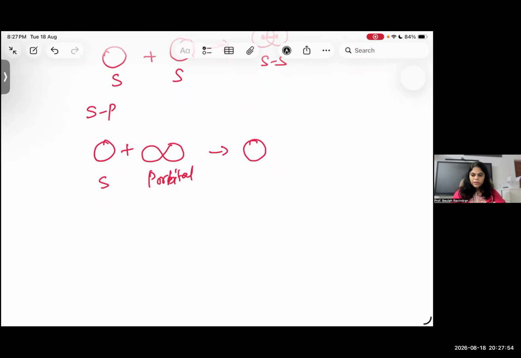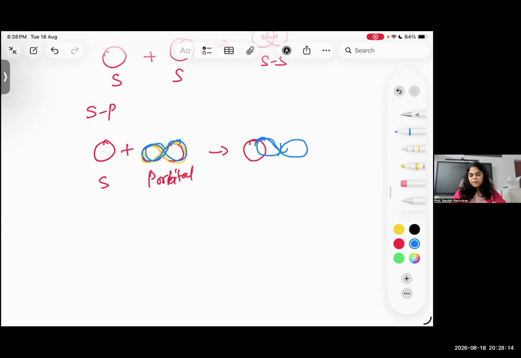Draw along with me so that you are able to understand. Okay. So S and P. Here it is. P is overlapped.